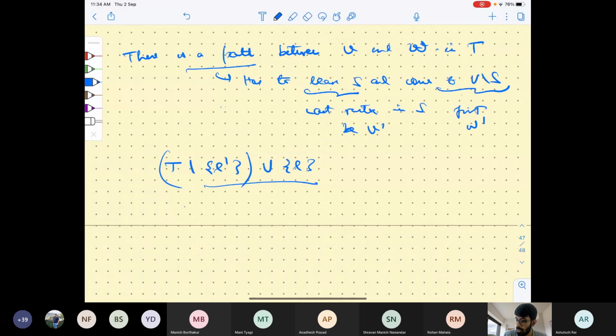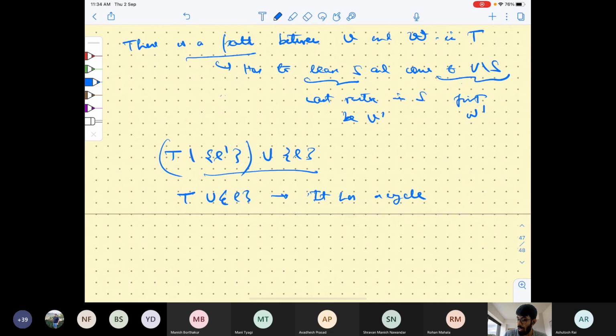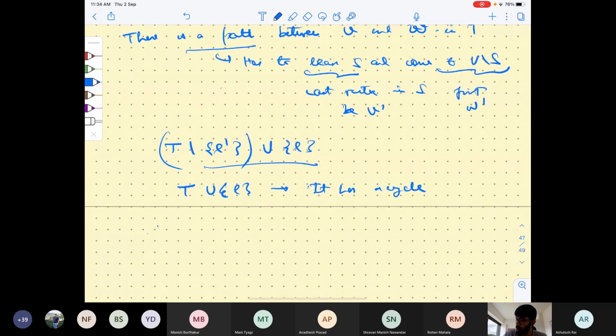So look at T union E. It has a cycle, and now we remove one edge from this cycle, and as Shravan said, removing an edge from the cycle does not affect connectivity.